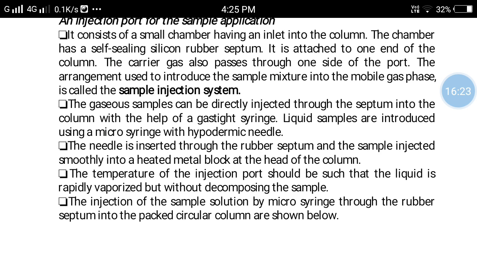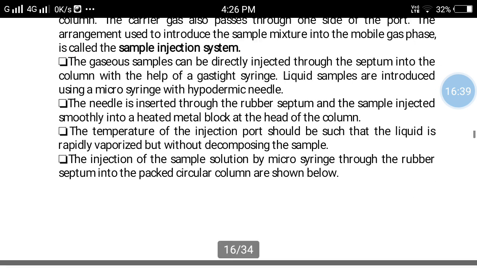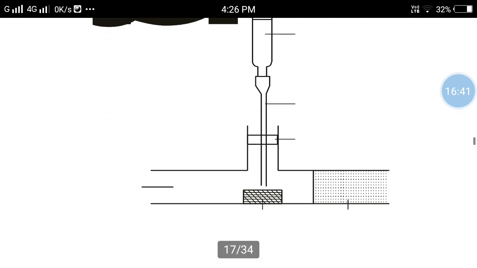The temperature of the injection port should be such that the liquid is rapidly vaporized but without decomposing the sample. The injection of the sample solution by microsyringe through the rubber septum into the packed circular column is shown in this figure.